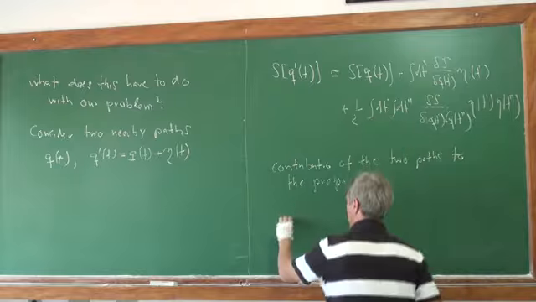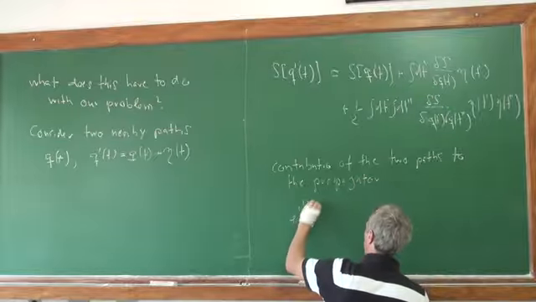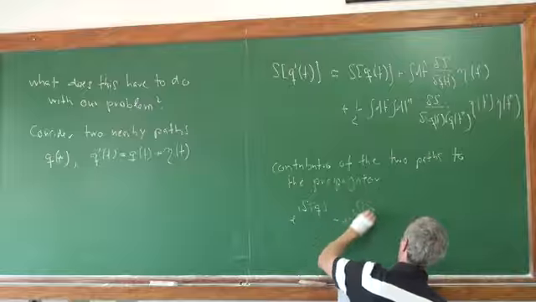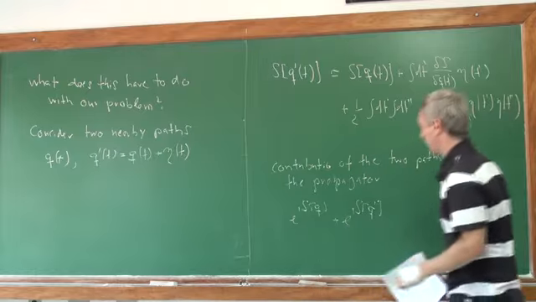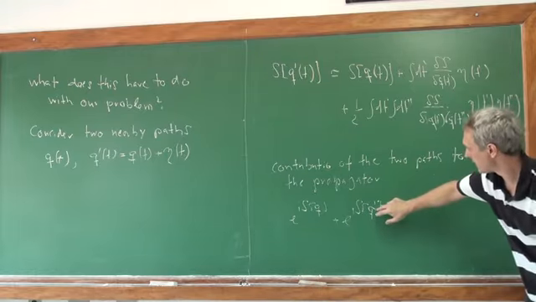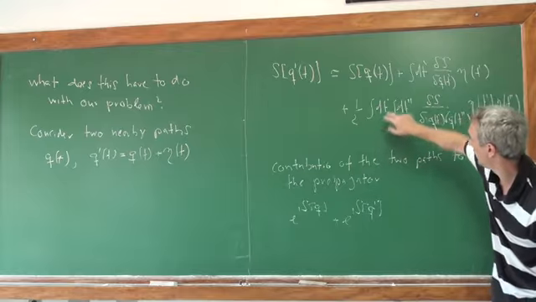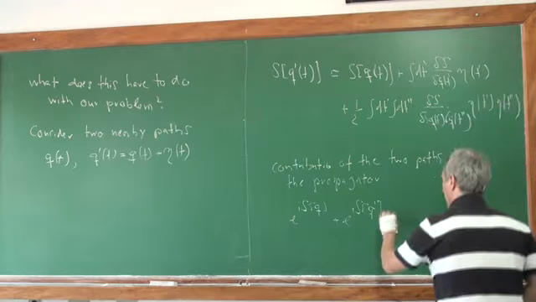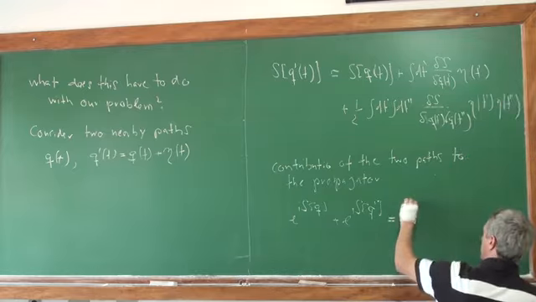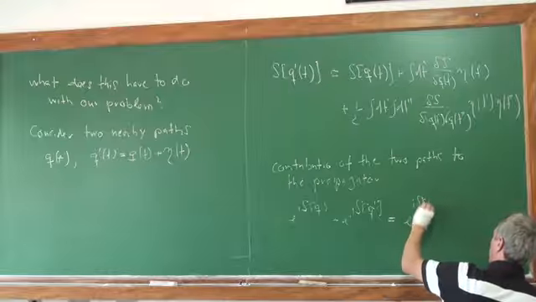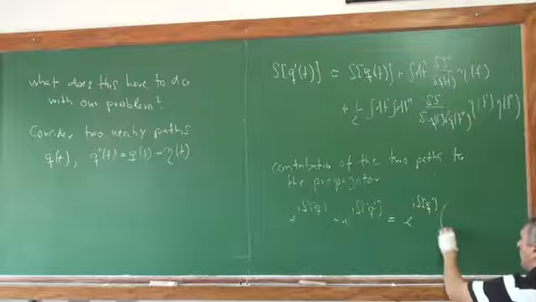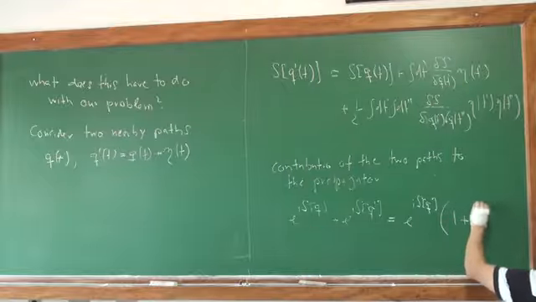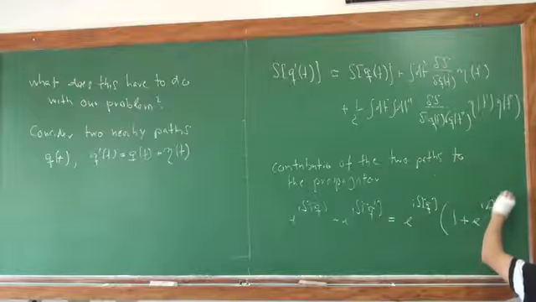Well, this is just given by e to the i, the classical action of the path Q, plus e to the i, the classical action of the path Q prime. And now, using that this is close by to this, we insert here the Taylor expansion. If we do so, you can write this as e to the i, classical action of the path Q. Then the one reproduces this factor, and here is some e to the i delta phi, something different.